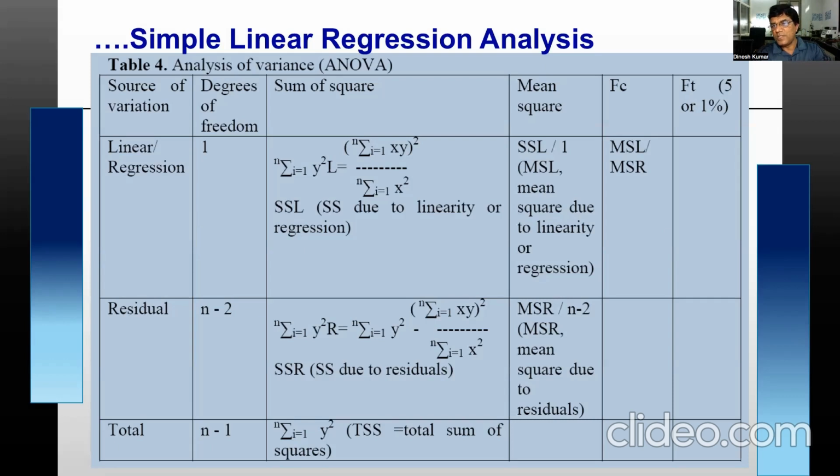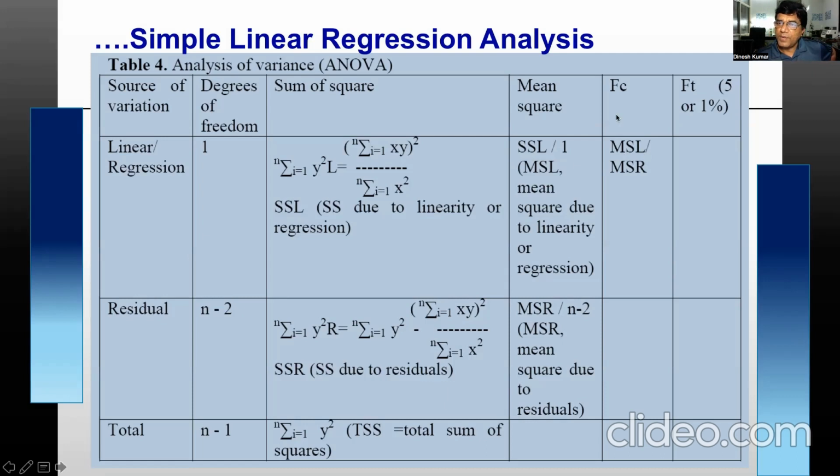One is read horizontally and the other is read vertically. Suppose 1, you go to the horizontal side of the table, and n minus 2 on the vertical side. And at the prescribed level of significance, you find out the table value of F.